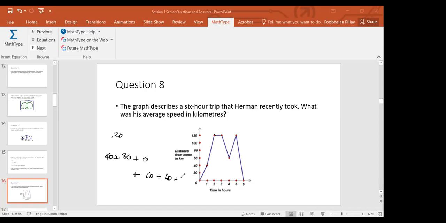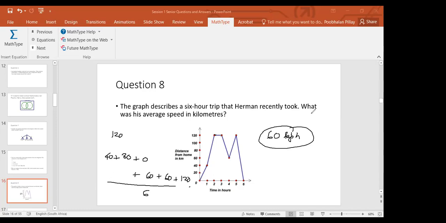And in the last hour, he travels 120 kilometers. So he travels various distances in different hours, and he's getting various average speeds. But this total average speed, you add up all these things and divide by 6 because he's going through 6 hours. So if you add up all these things, you get 120, 240, 360. So it's 60 kilometers per hour. That is his average speed.